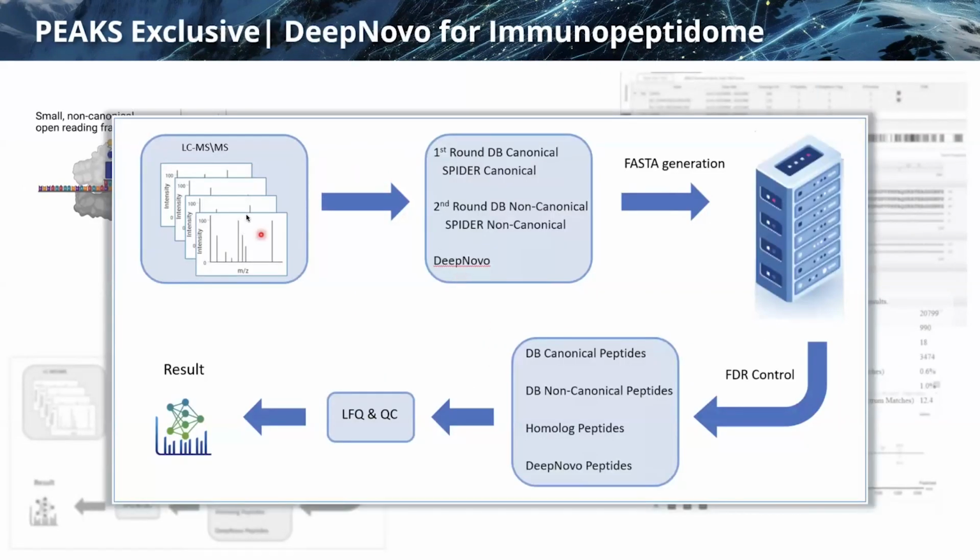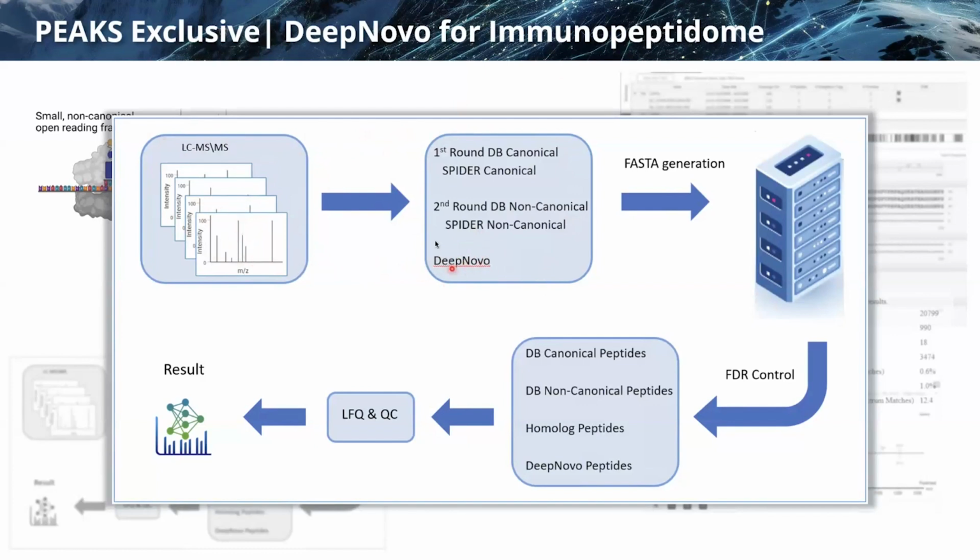We have developed a really unique but also very complex workflow to help the immunopeptidome community. In this workflow, in the background, we do multi-round searches. We start off with DeepNovo, so we have our great GraphNovo sequencing algorithm, and we sequence all of the MS2 spectra.